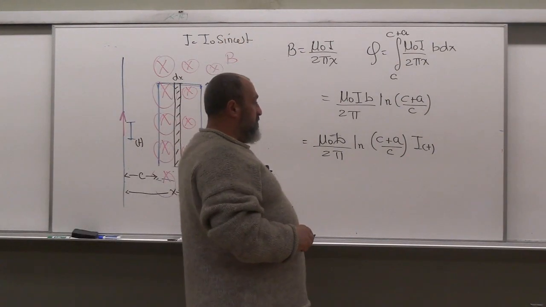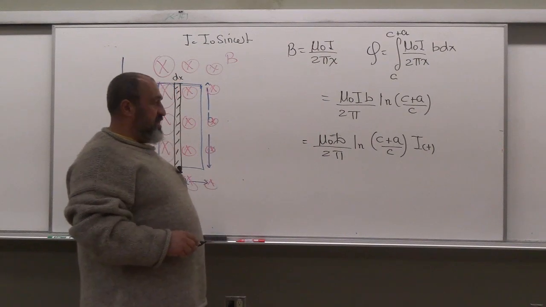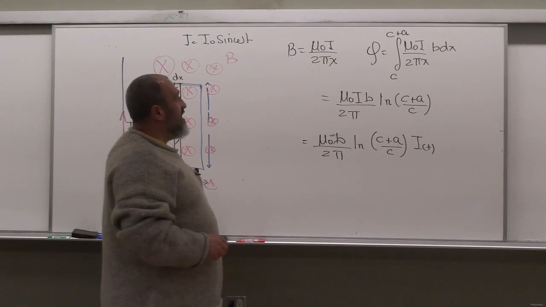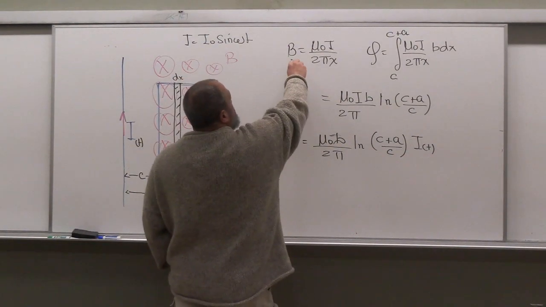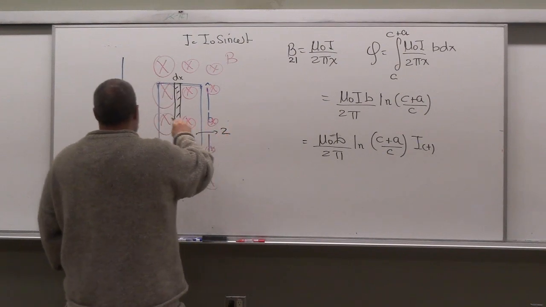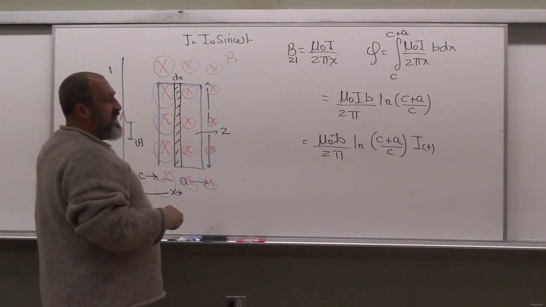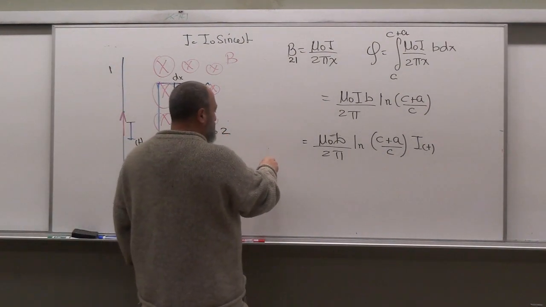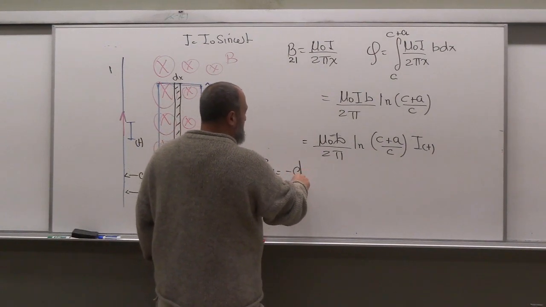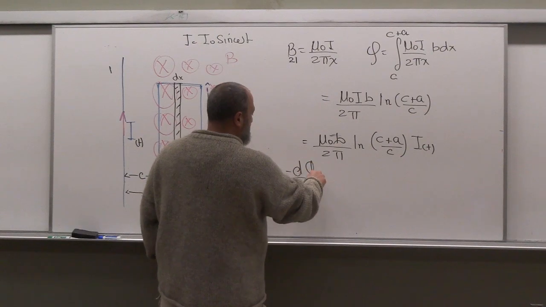So what I'm trying to introduce now is the following concept. We have a flux. This is the flux in object 2 from object 1. This is object 2, and this is object 1, okay? And the epsilon induced in 2 from 1 is equal to negative d by dt of the flux in 2 from 1.